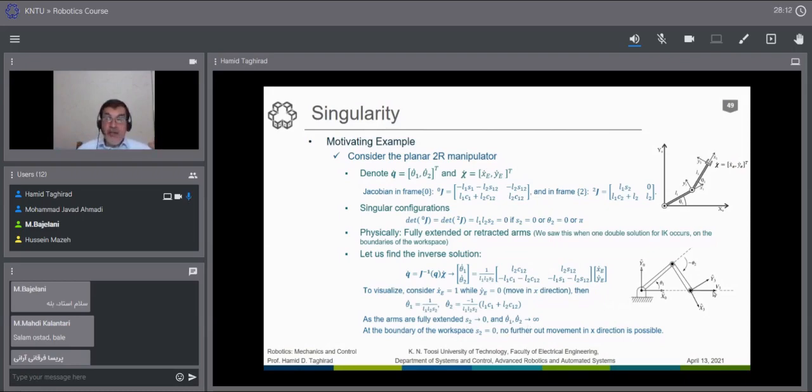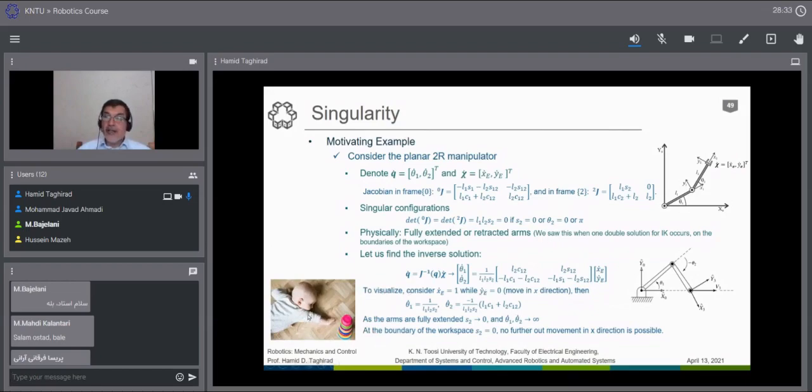So the boundary of the workspace is the limit point. Why is it the limit point? We cannot have motion there because we need very, very large velocity, infinite velocity, and we cannot reach that with any actuators. This is very similar to this picture.